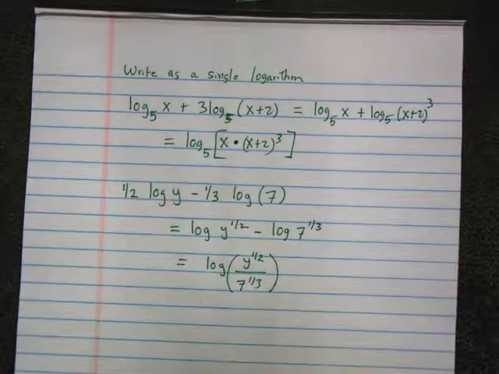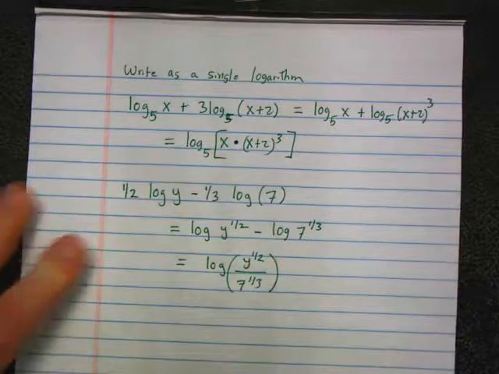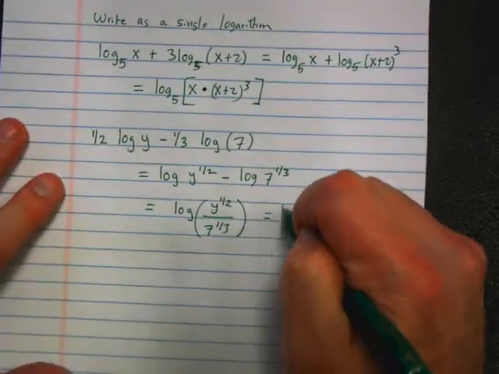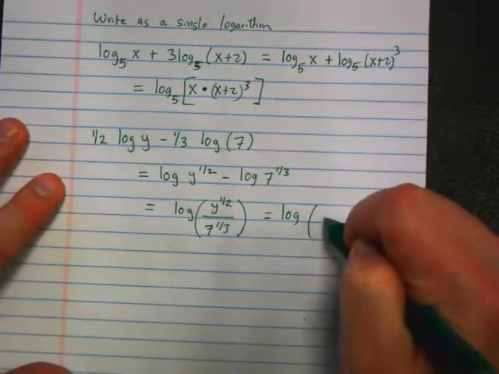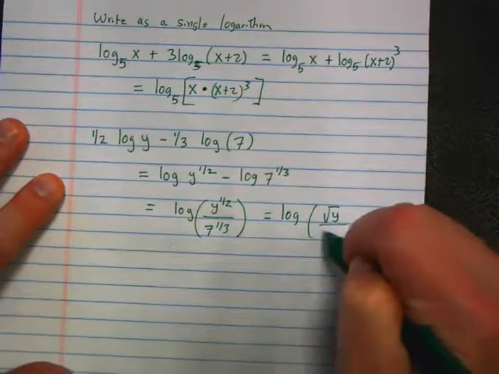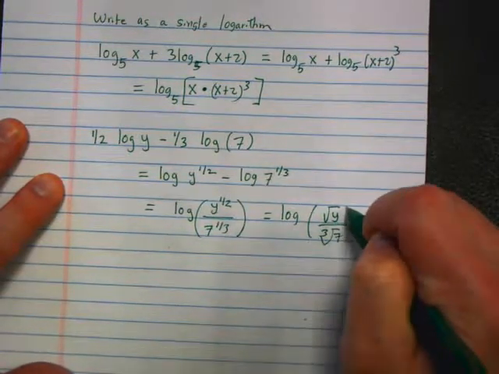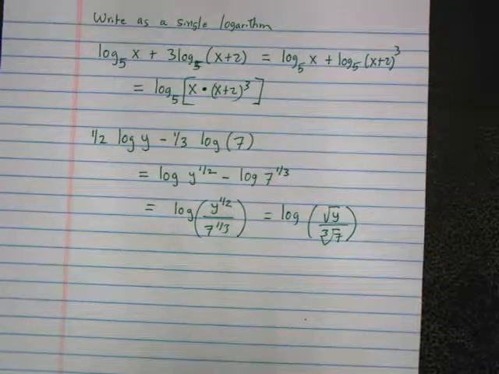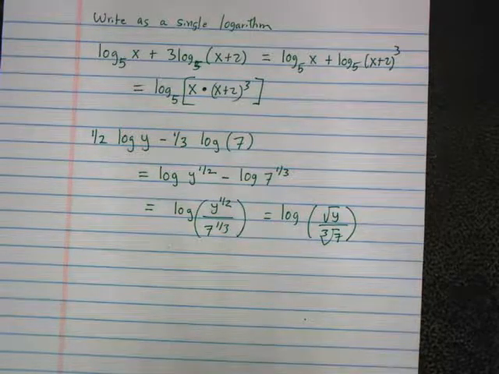You could write your answer that way. That would be perfectly acceptable. You could also write this as log square root of y over cube root of 7. You could also turn things into roots, whichever you think is going to be better for you. I will accept either. I wouldn't care if you wrote it as exponents or with roots.